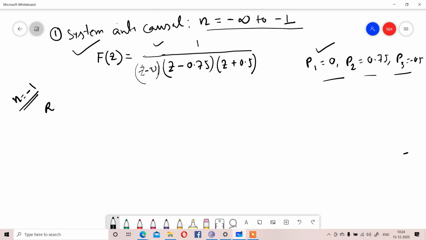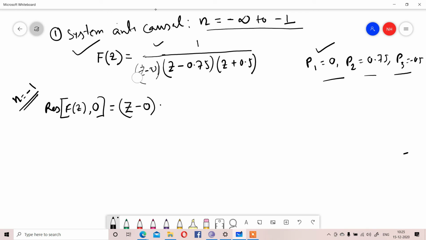So first residue is the residue of F(z) for the first pole 0, m equal to 1, so z minus 0. Okay, I have written z.